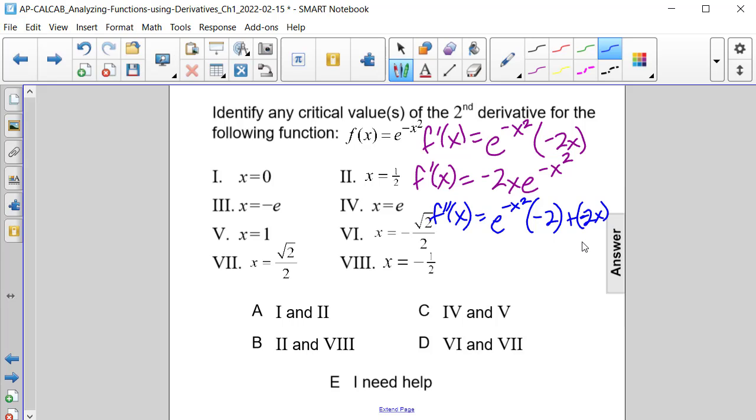And that derivative is going to be the negative 2x e to the negative x squared that we found before.